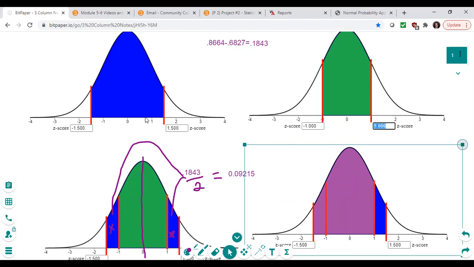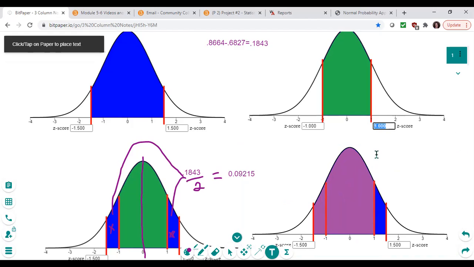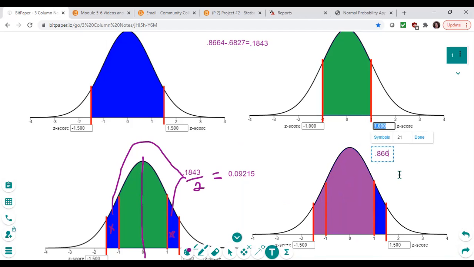So now to find what we're looking for, we're going to take this whole area, the whole blue area, and subtract off just one of these pieces. To find our purple area that we're looking for, we're going to take that 86% that we had originally, 0.8664, and subtract off the 9%.